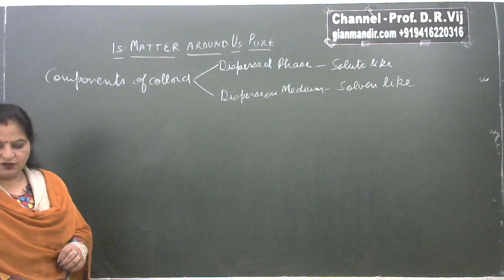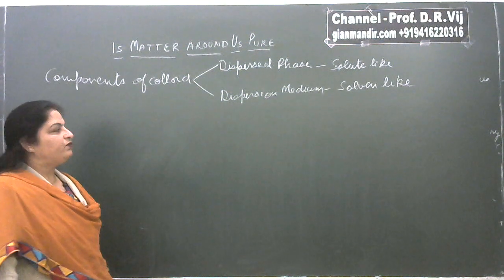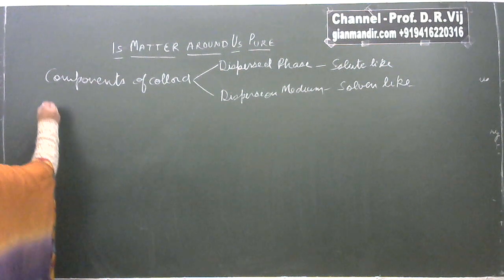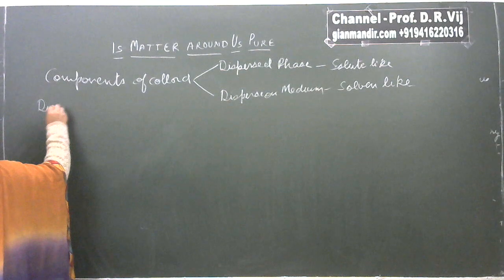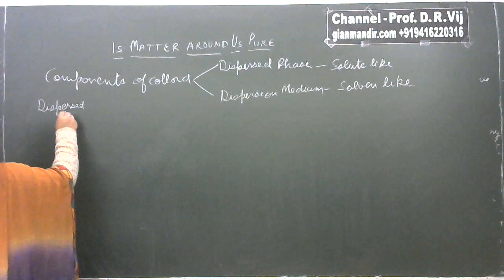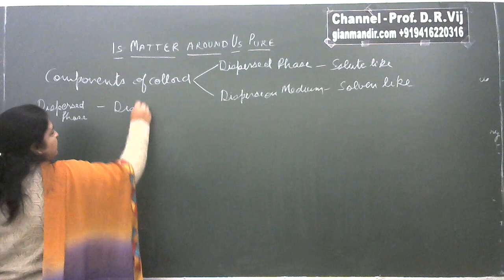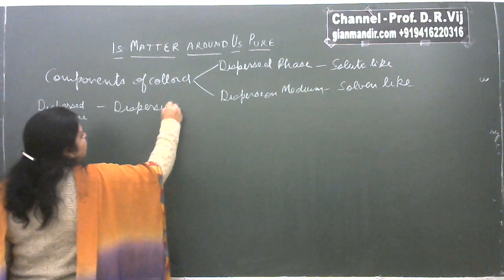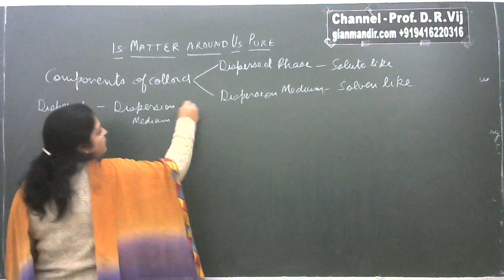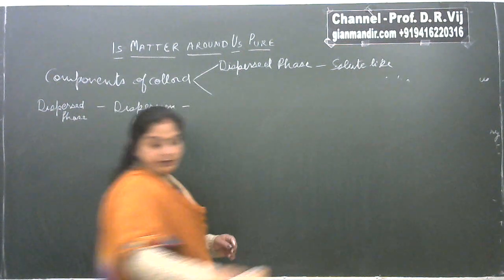And depending upon the physical states of the dispersed phase and dispersion medium, you can have different types of colloids. So let's have a look at the different types of colloids. Here we take the dispersed phase, here we take the dispersion medium, then we can have here the type of colloid and its example.